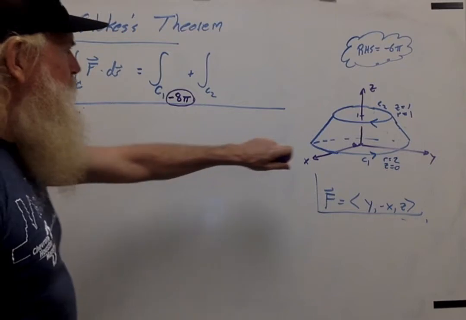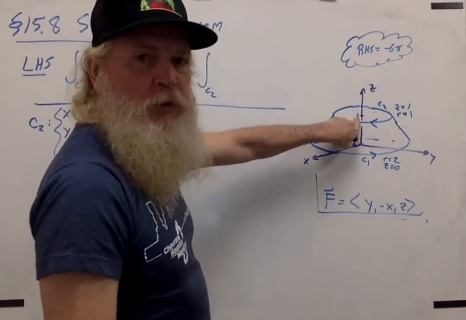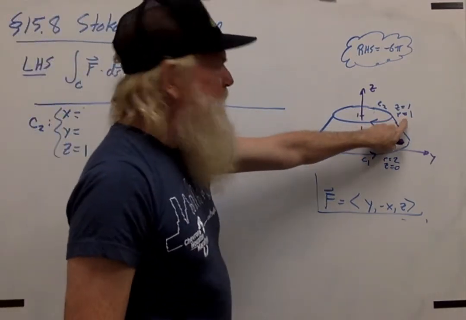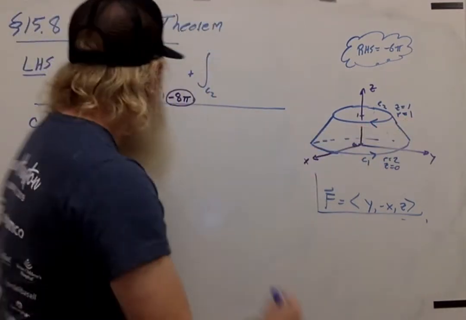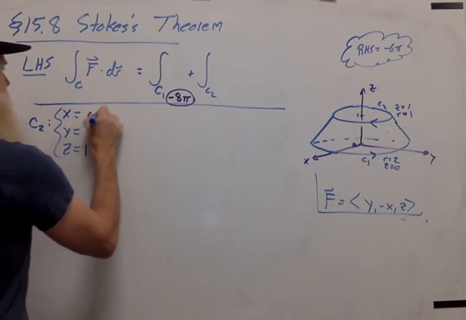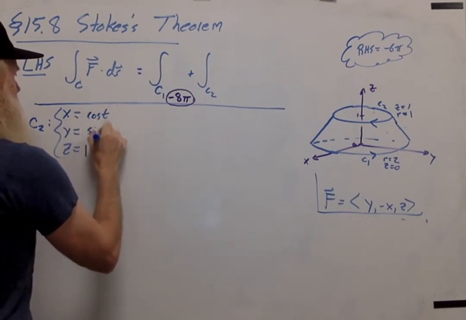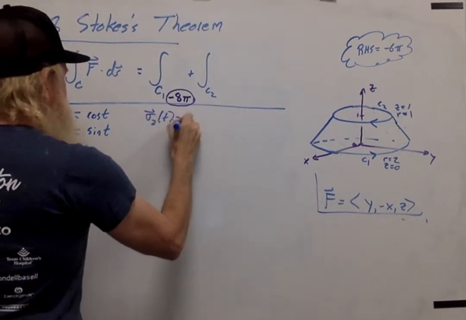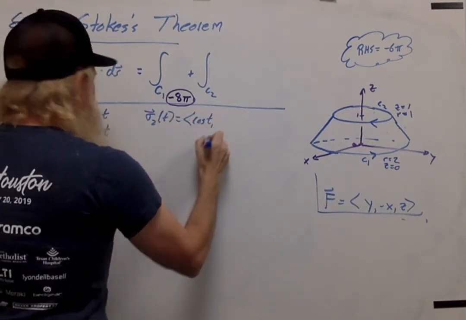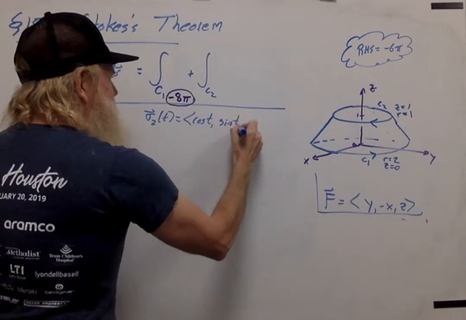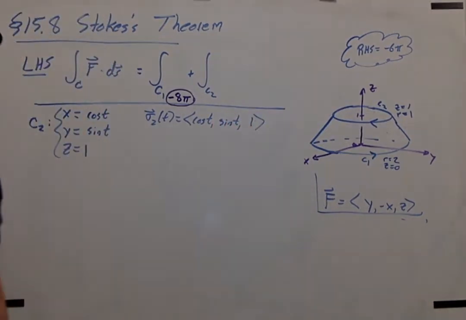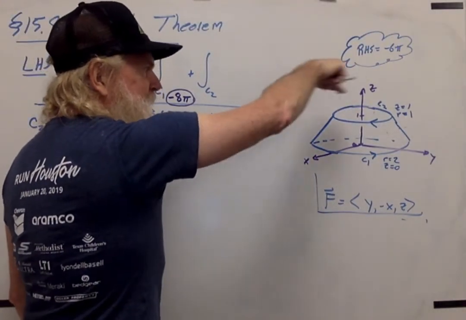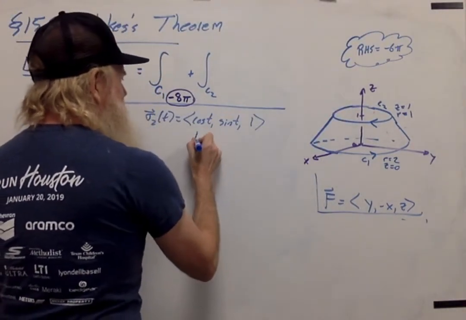Now remember in C2, the z component is 1. This is up in the plane z equals 1. And this circle has radius 1. So our parameterization will be 1 cosine t and 1 sine t. So sigma 2 of t is cosine t, sine t, and 1. Now this one we want to have a clockwise orientation rather than counterclockwise.